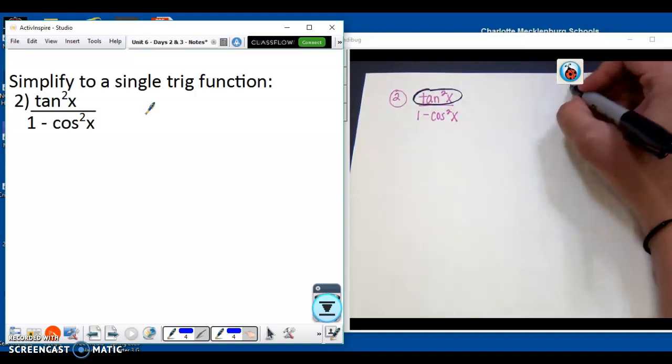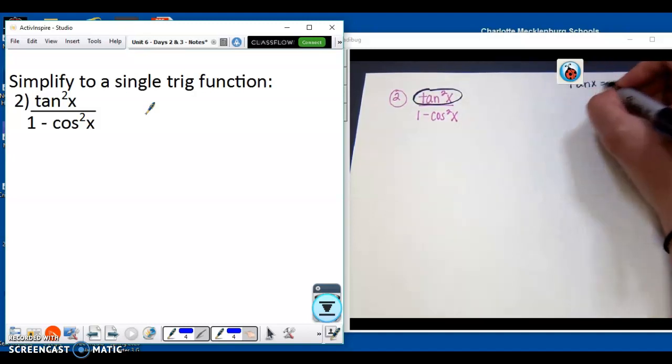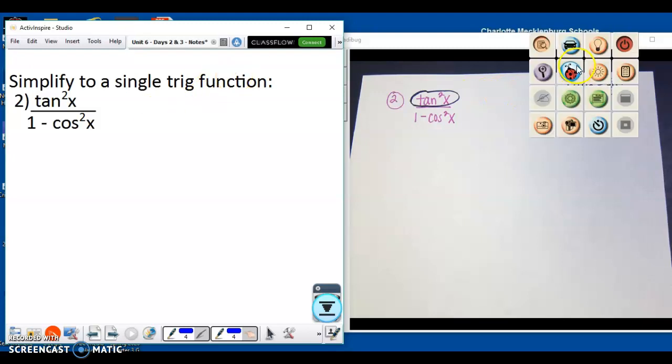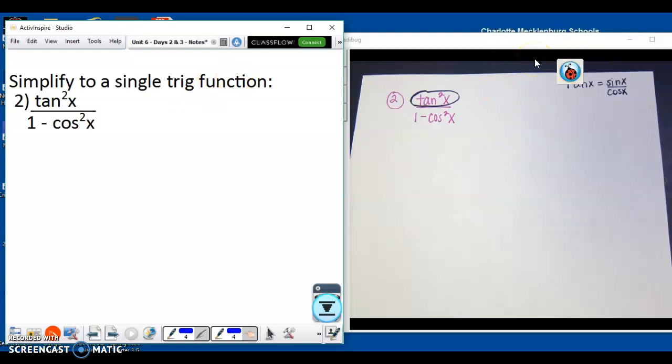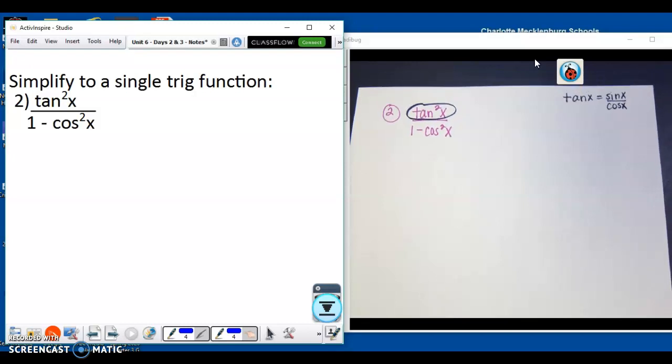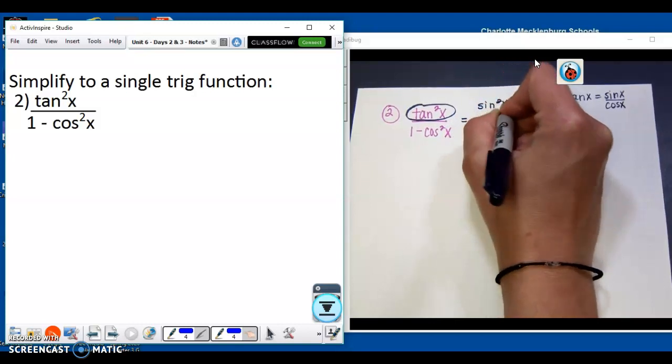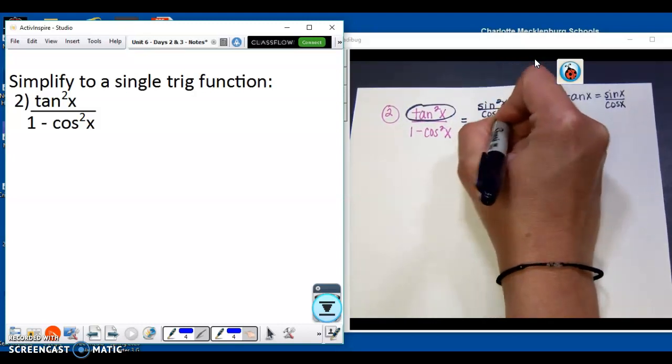Tangent is sine over cosine, so tangent squared is sine squared over cosine squared. So I'm going to rewrite the top part as sine squared x over cosine squared x.